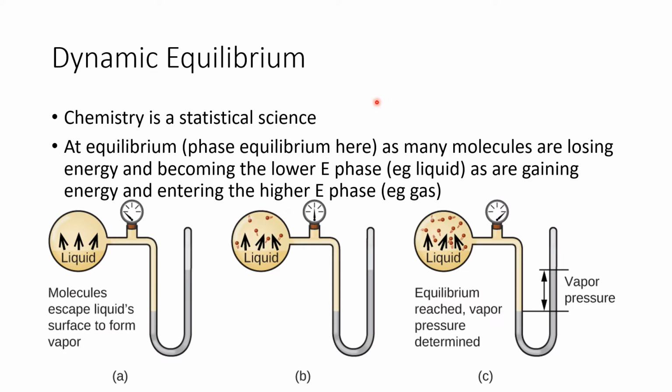So, the dynamic equilibrium idea. We'll talk a lot more about equilibrium in Unit 2 of this course, but the idea of equilibrium in chemistry is statistical. So if I say that a material is in a solid area on the phase diagram, it does not mean that all of the material is... I guess liquid would be a better example to use here because I've got liquid in this diagram.